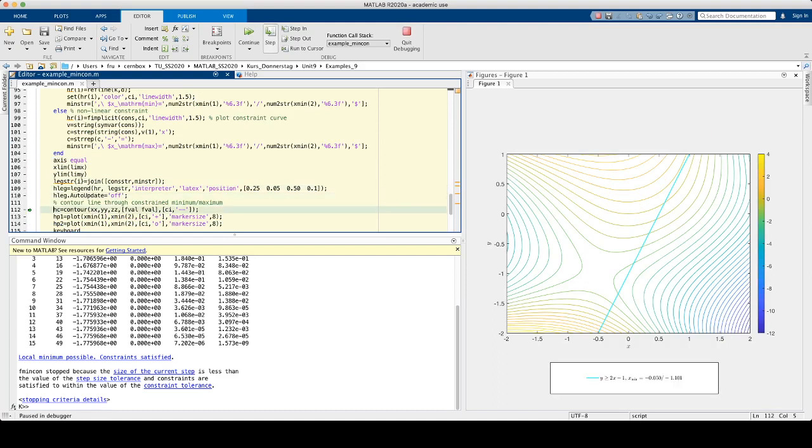You see the line in light blue. This is the boundary of the half plane where the solution has to be.